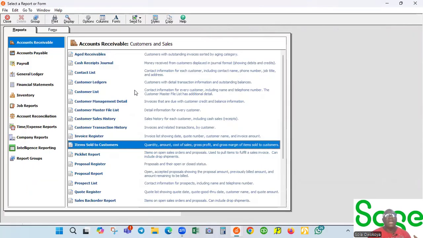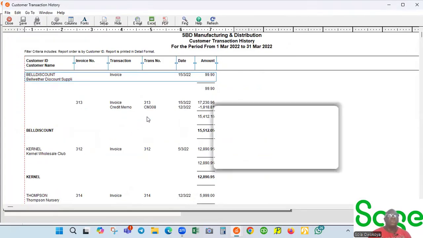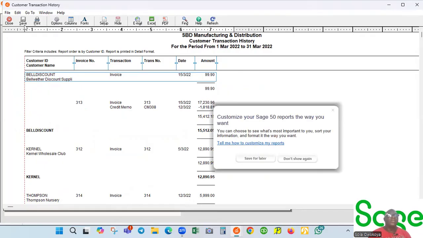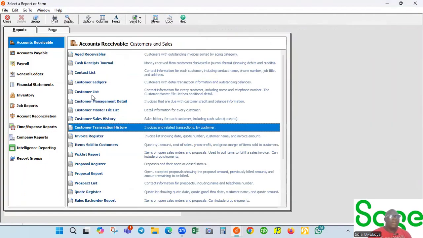Think of Sage 50 as your accountant 24/7 that will be guided by a physical accountant, or that will be used to enter transactions by a physical accountant. Customer transaction history, you can track your customer transaction history using this. You can see so many reports here.